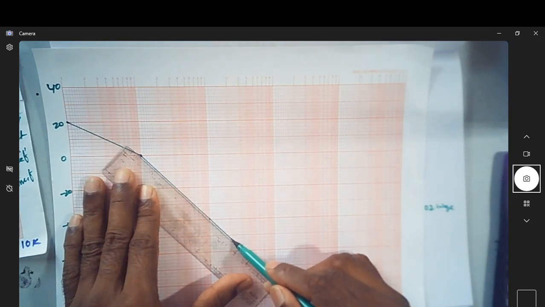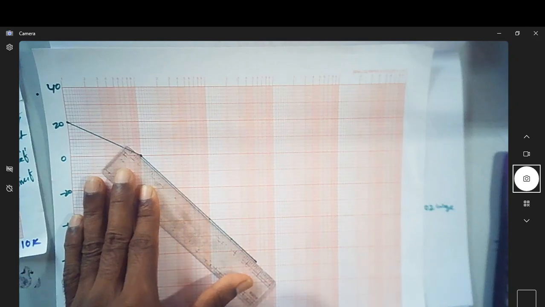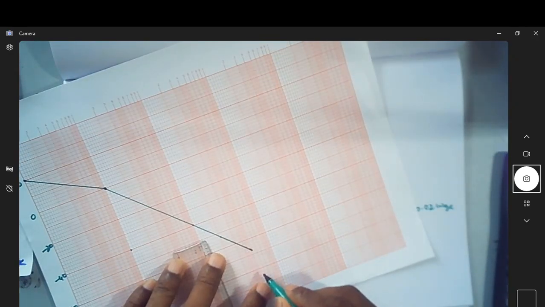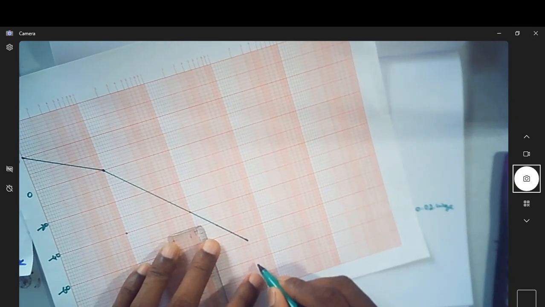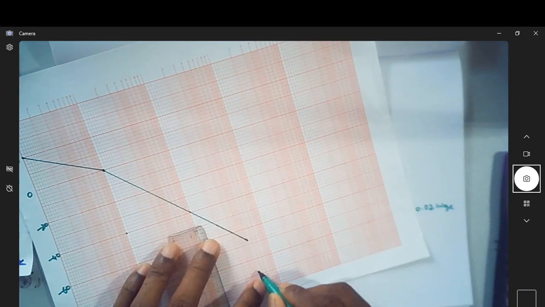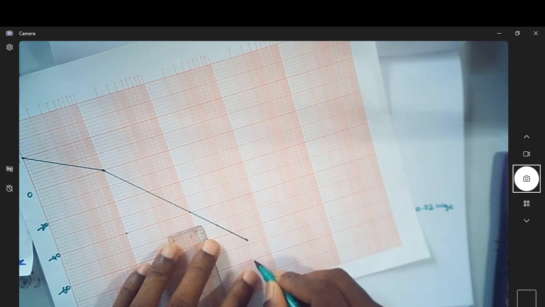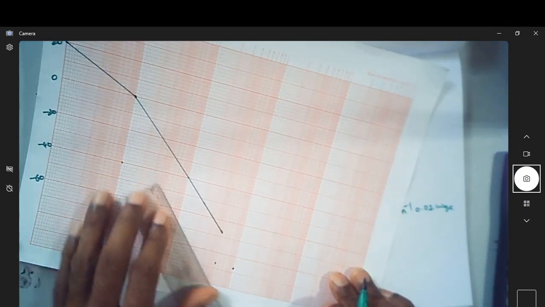Now this is 2, 3, 4, 5. Fine. Next this will come down by 18 dB. This is 20, 12, 14, 16, 18 and 1 octave.